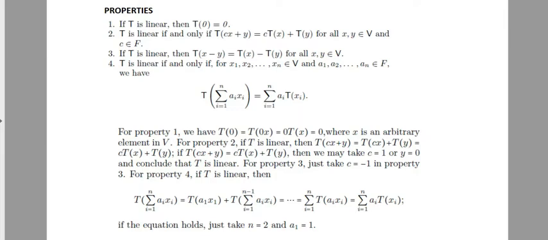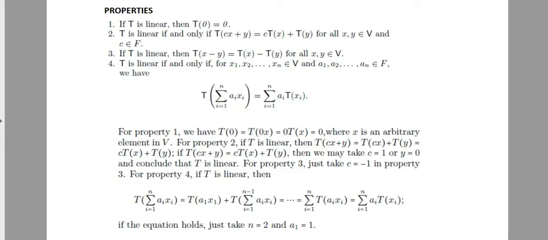Now conversely, if T of cx plus y is equal to c times Tx plus Ty, if we take c equal to 1, we get T of x plus y is equal to Tx plus Ty. So we get the first condition. And second, if we take y equal to 0, T of cx is equal to c times Tx. So we get that T is linear.